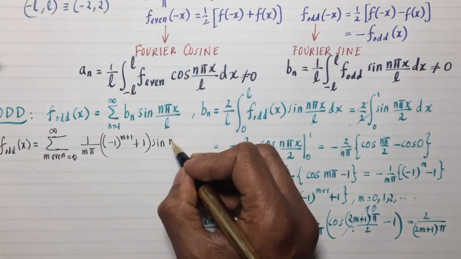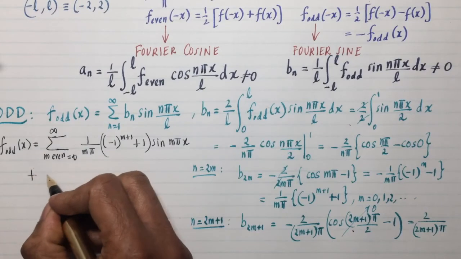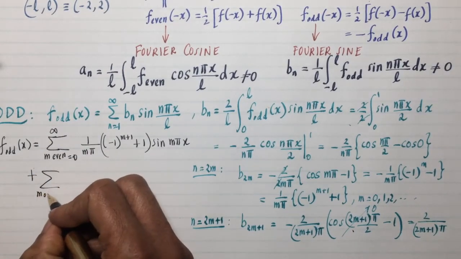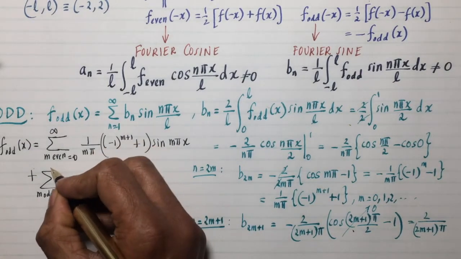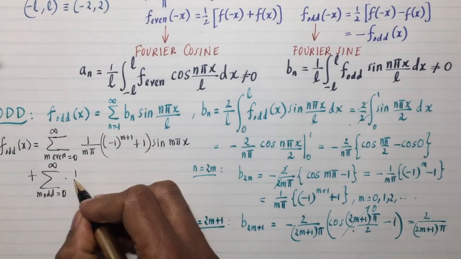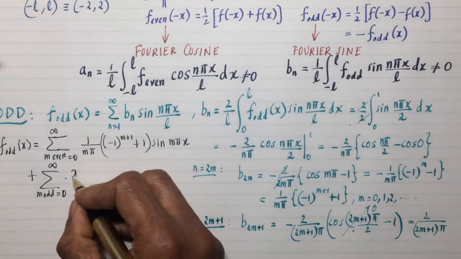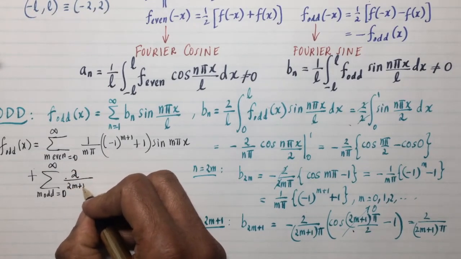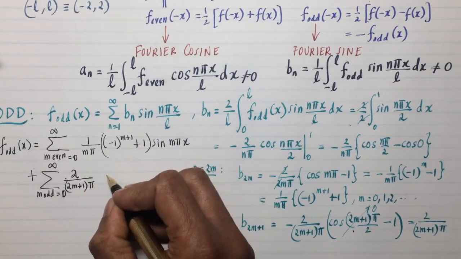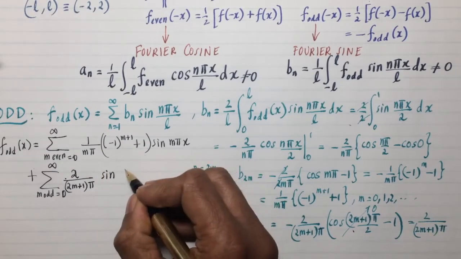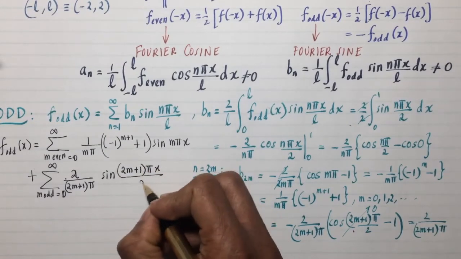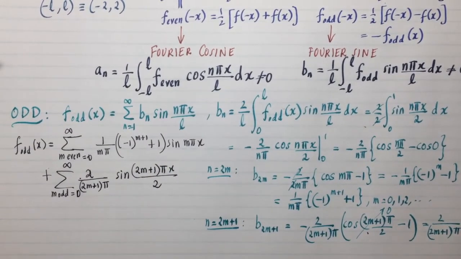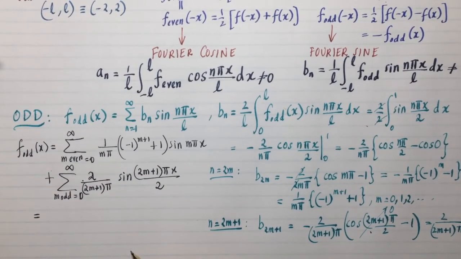So that's going to be m pi x. Plus the sum from m odd numbers start with, also I think with 0, because m equals 0 gives you the first odd number, to infinity, 2 over 2m plus 1 pi sine of 2m plus 1 pi x over 2. That is the answer.